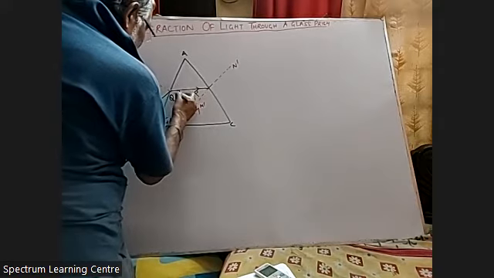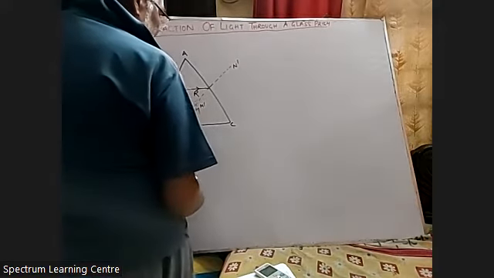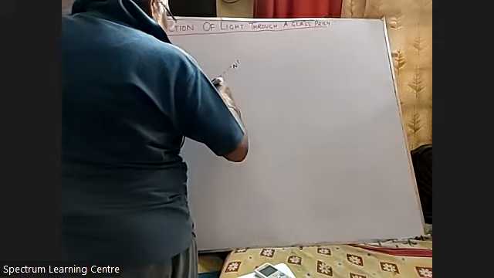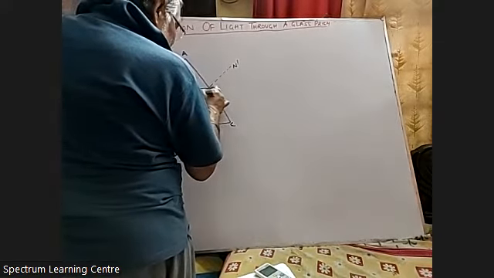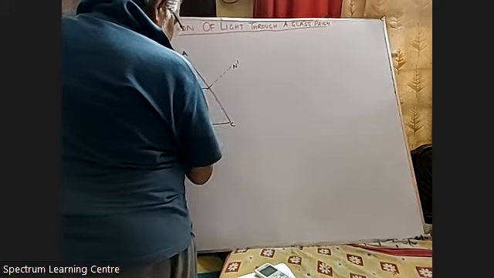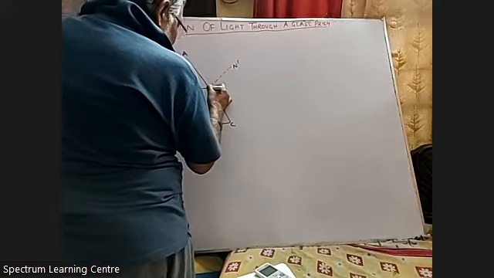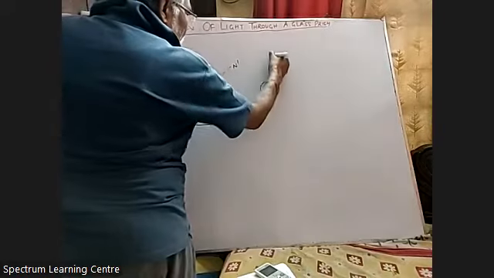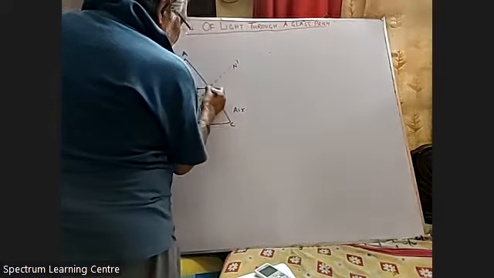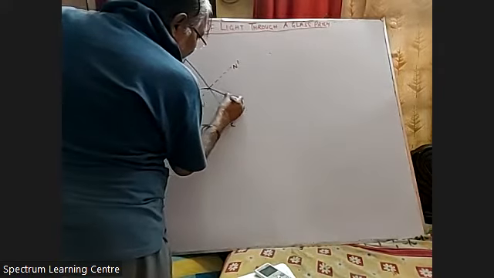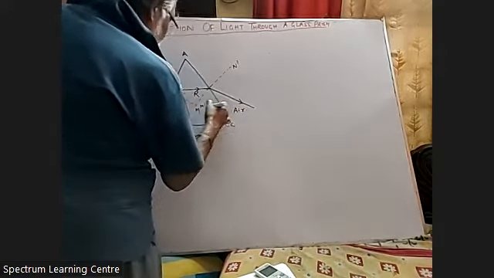This is your angle of refraction, right? Again, this ray QR acts as an incident ray. Since this side is also air, it bends away from the normal, and it goes like this.